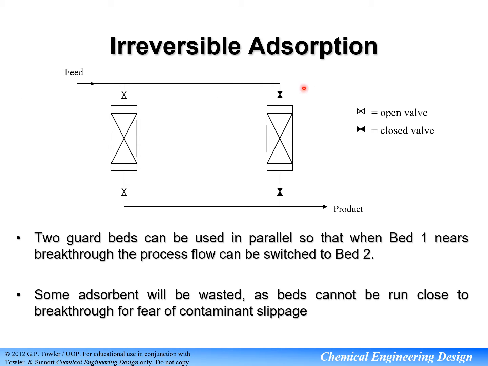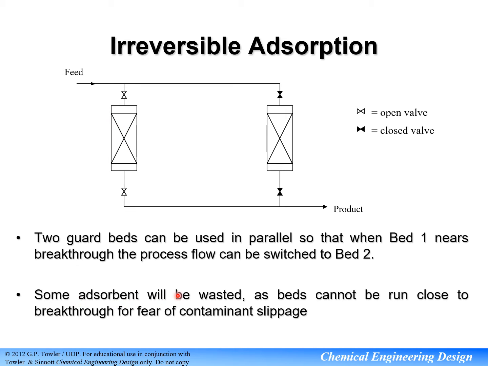For irreversible adsorption, if the system uses two guard beds, that means there is bed 1 here and bed 2 here. If these two beds are used in parallel, when bed 1 nears breakthrough, that means it starts to achieve its equilibrium point, and the process flow can be switched to bed 2.